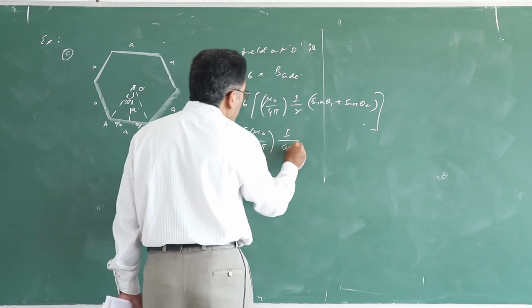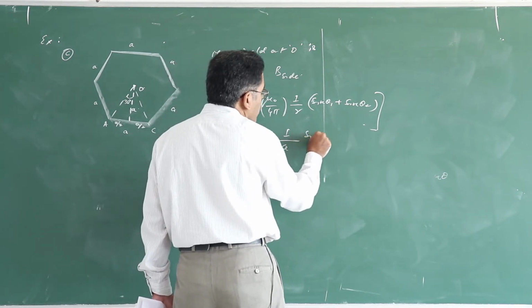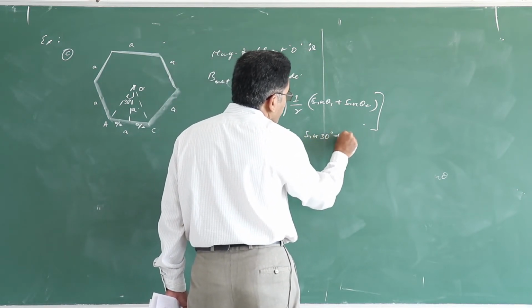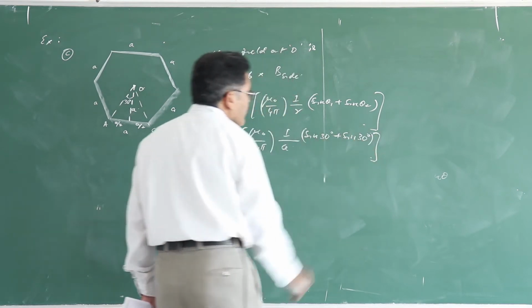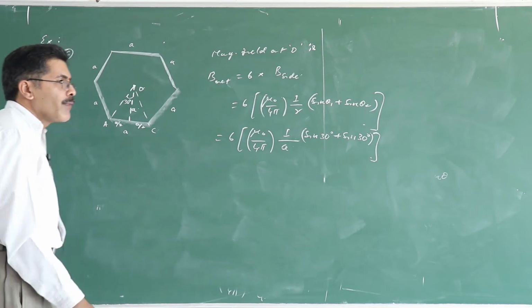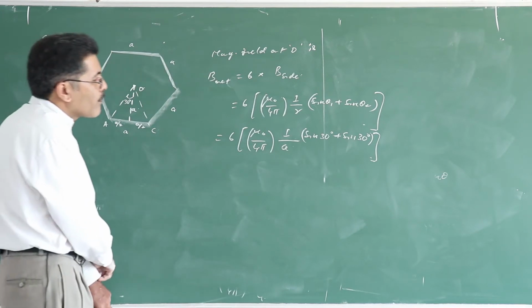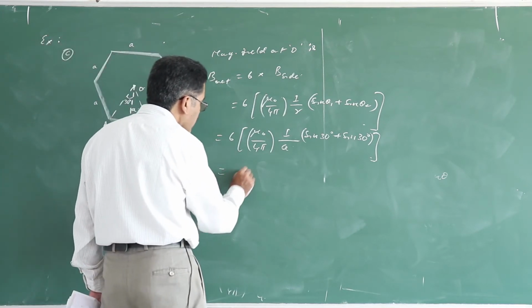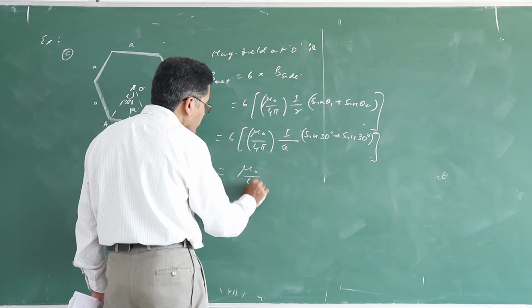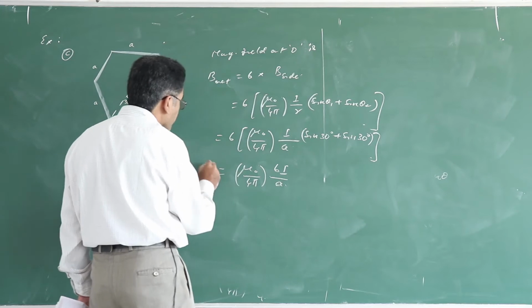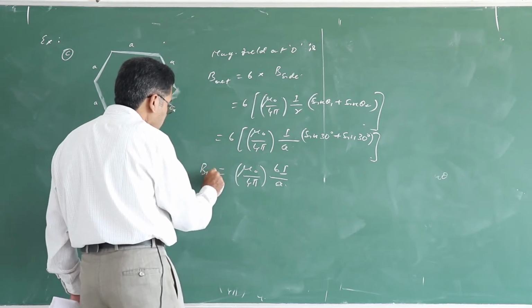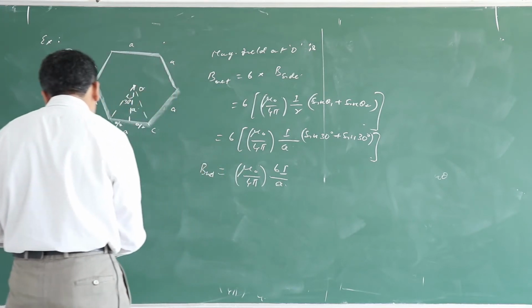R is A, sin 30 plus sin 30. Sin 30 is 1 by 2, therefore you will get 1 here. Hence the relation becomes mu naught by 4 pi 6 into I divided by A. See, this is the net magnetic field at the center.